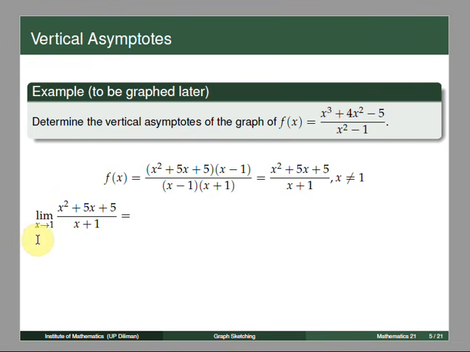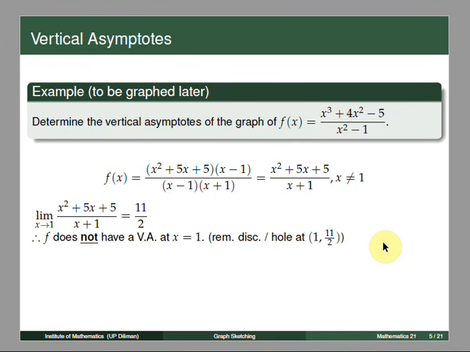You can substitute 1 there and you get 11 over 2. So we do not have an infinite limit, and therefore there is no vertical asymptote at x equals 1. Indeed, there is a removable discontinuity at x equals 1, which gives us a hole at x equals 1. So it is the hole (1, 11 over 2).